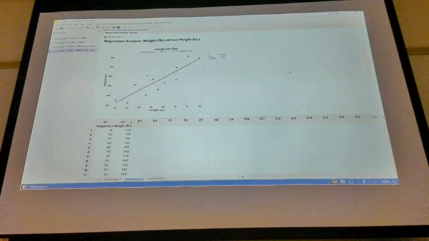And so I look at this and I go, yeah, there's not really strong evidence of a linear correlation between height and weight. Why do you say so? Look how far away all the data points are from the line.